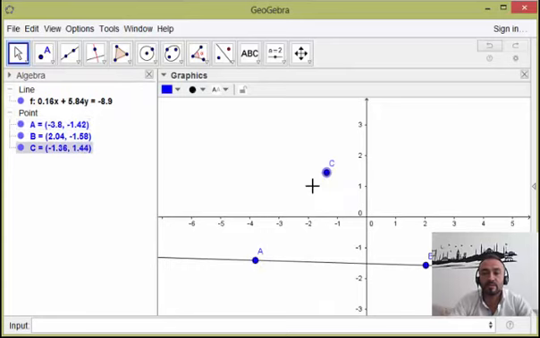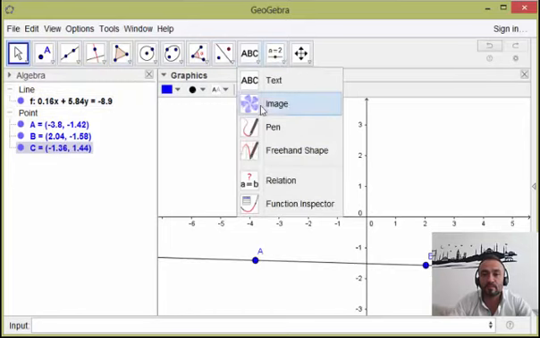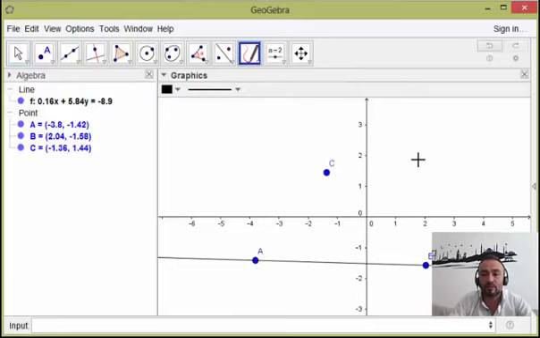A parabola is defined as the locus of the points which have the same distance to a constant point and a constant line, like this, approximately this kind of set of points.